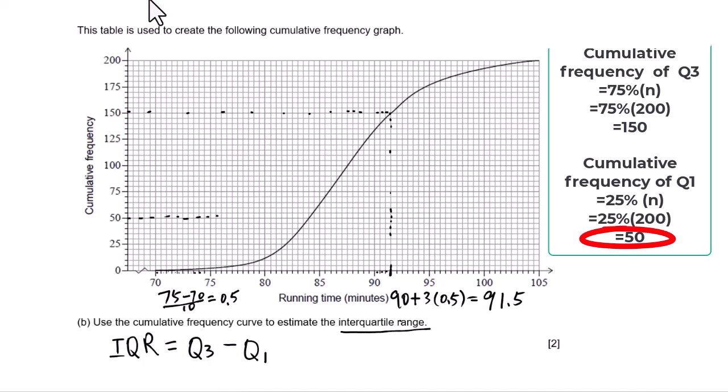So get this 50, draw this horizontal line, then going down. 80 plus, altogether is 8. Each is 0.5, so we get 84. IQR equals 91.5 minus 84 equals 7.5.